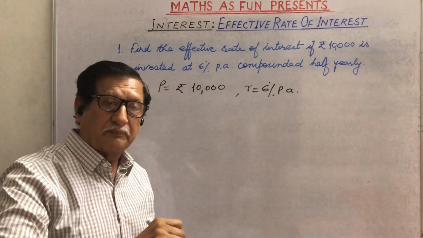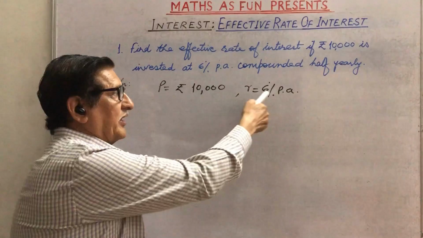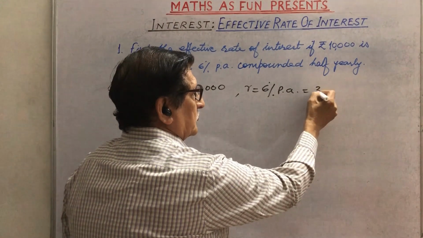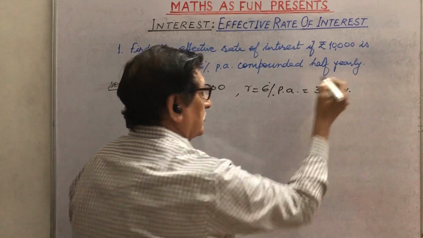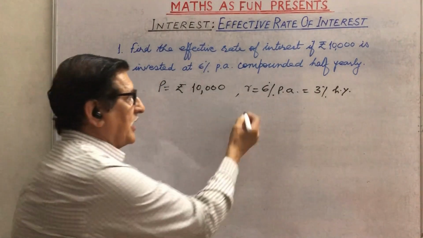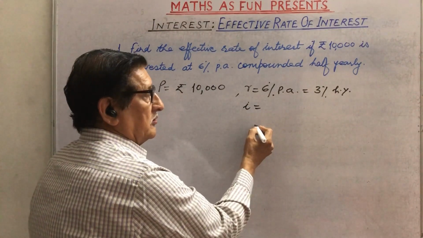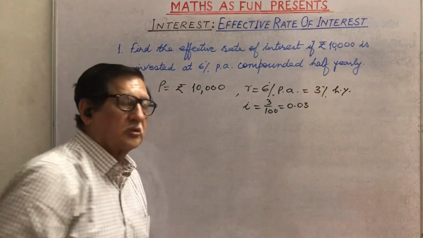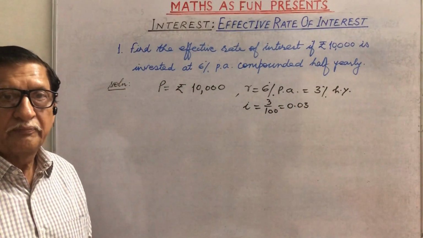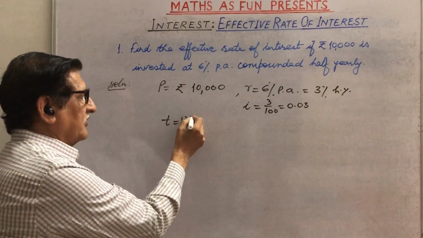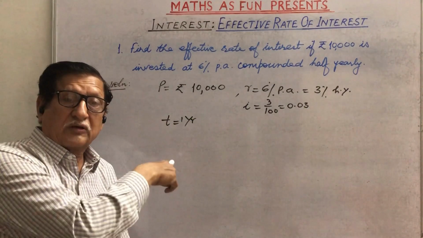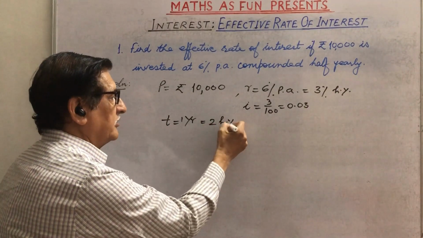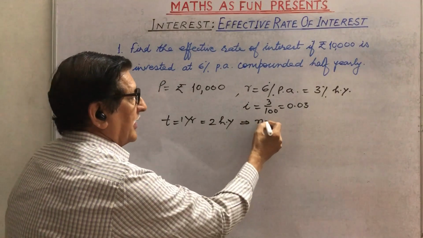And as we have learnt in the conversion period, we find that the rate, if we calculate half yearly, will be 3% half yearly. It means i will be equal to 3 upon 100, or we can say 0.03. T is given as 1 year, but conversion period n will be 2 because this is equal to 2 half years. It means we can say n is equal to 2.